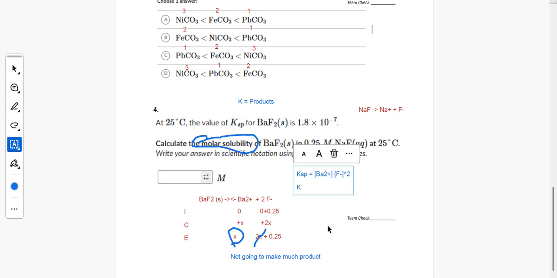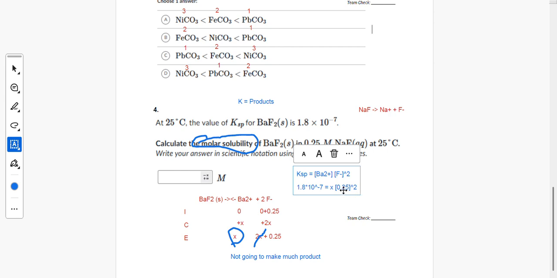So Ksp is equal to x for Ba, my equilibrium value, and for the other one, it's 0.25 for its value. So I've got x times 0.25 raised to the power of 2. This Ksp is actually given to me above as 1.8 times 10 to the negative 7th power.